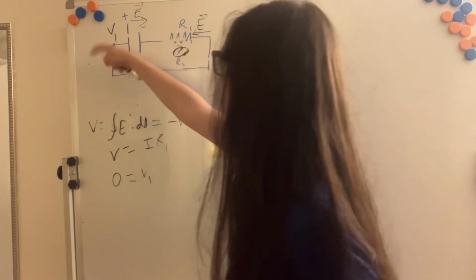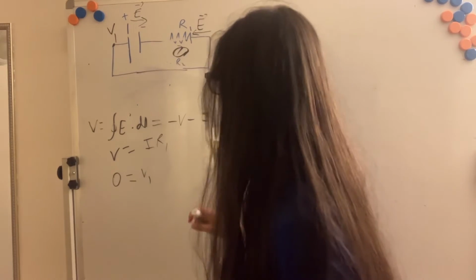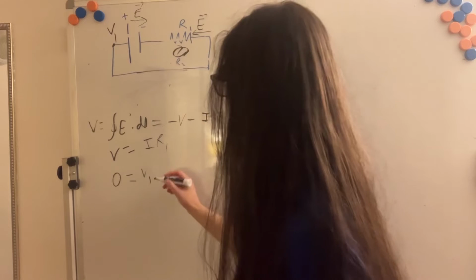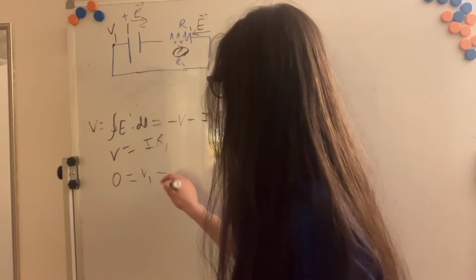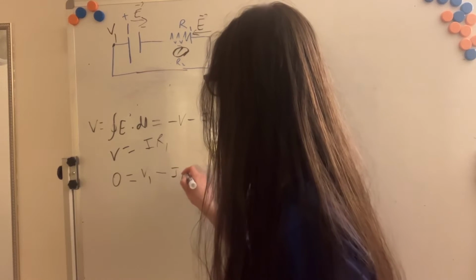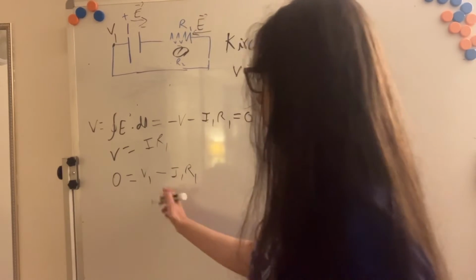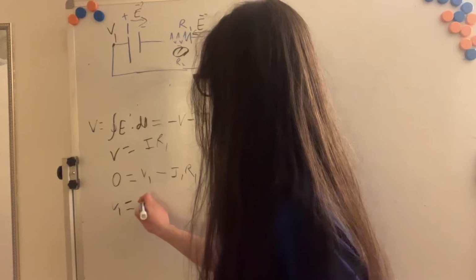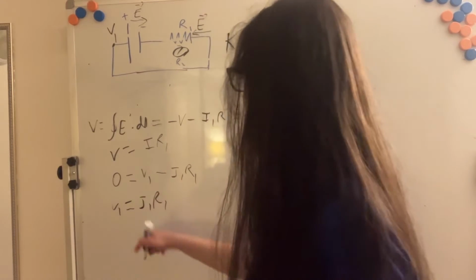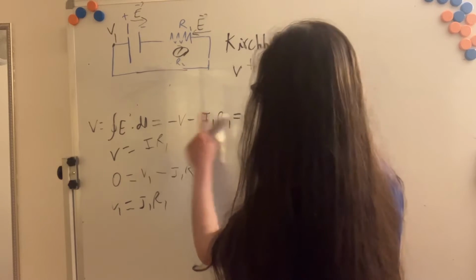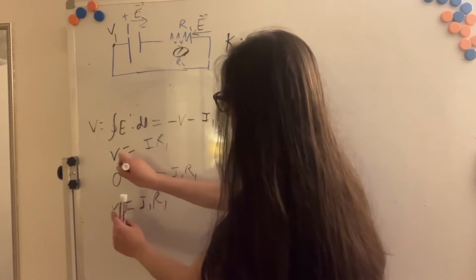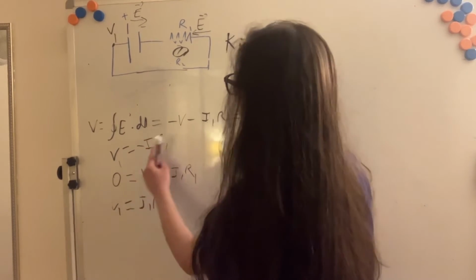The L is in this direction, and the current is going in this direction. And the electric field is in the opposite direction, so we would say negative I1 R1. And so here we would have V1 is equal to I1 R1, and we will solve for I1. Actually here, if we send this to the other side, we have V1 equal to negative I1 R1.